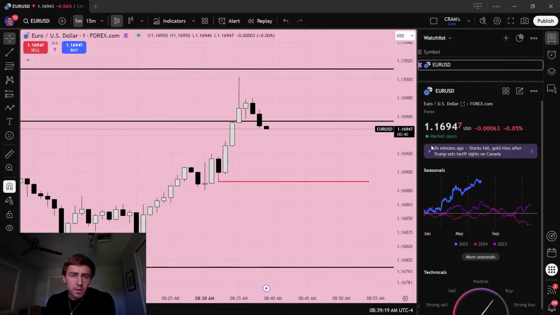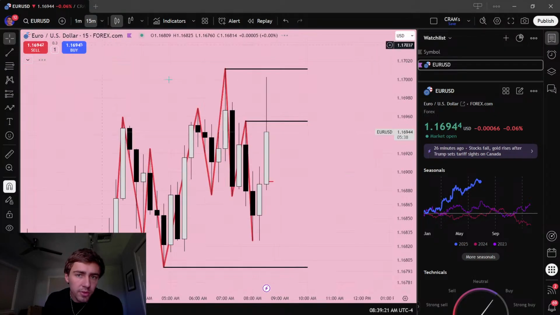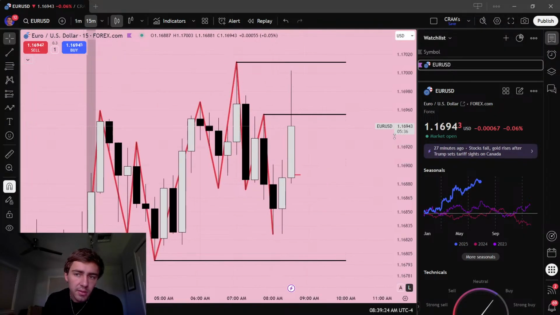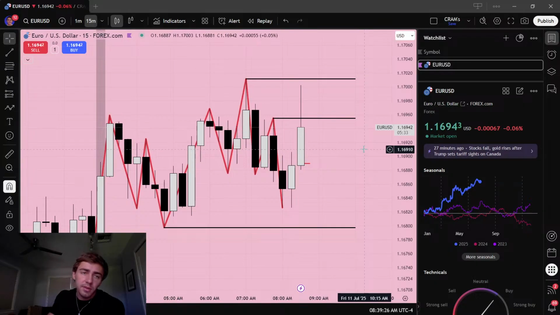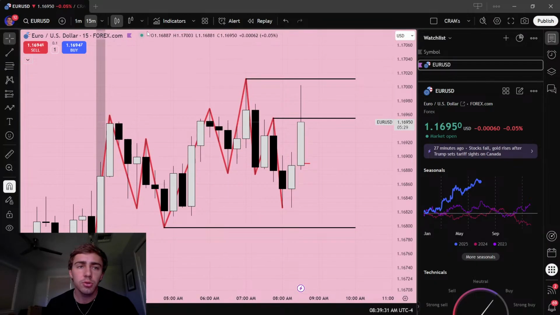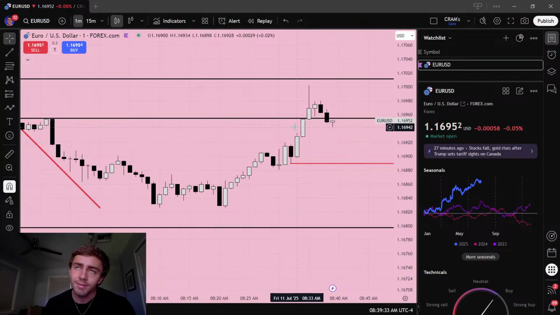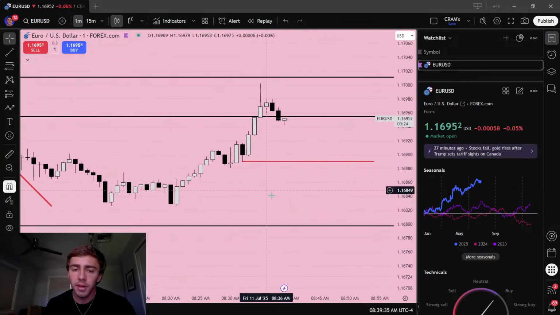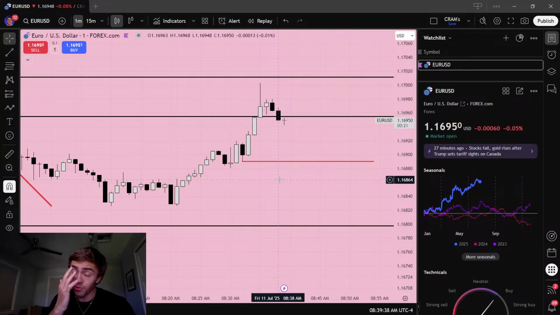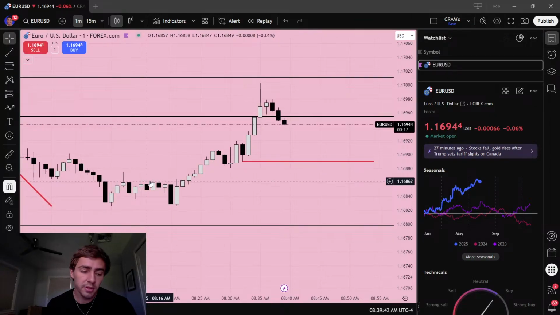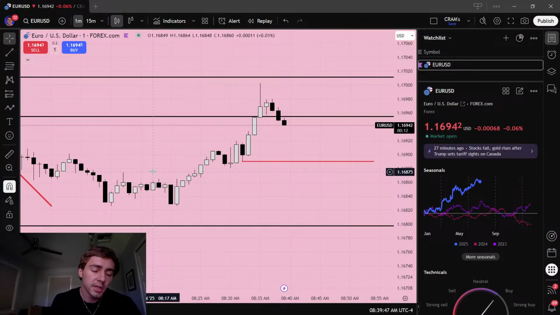But yeah, the thing about this system is you don't ever have bias, right? And this is, I think, what makes it work so well sometimes, because when you come to the markets with a bias, yes, you want to know bigger picture what it's doing, but sometimes the smaller picture creates the bigger picture. If the smaller picture is sweeping sell side liquidity and reversing upwards, but your bigger picture is to continue going south, it might not be the best option for that day.